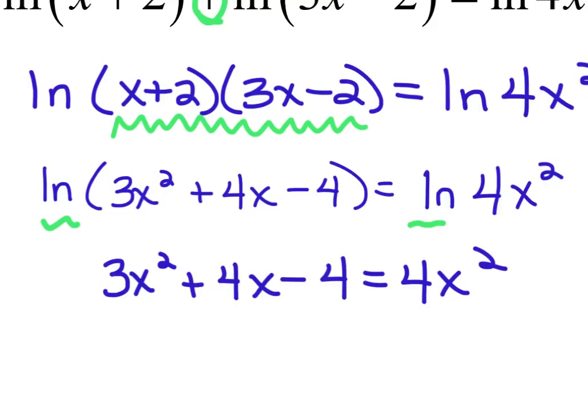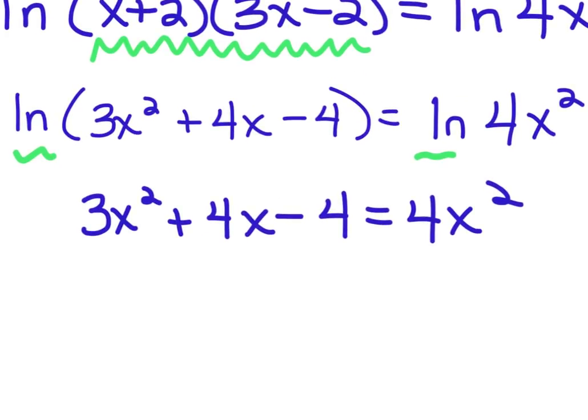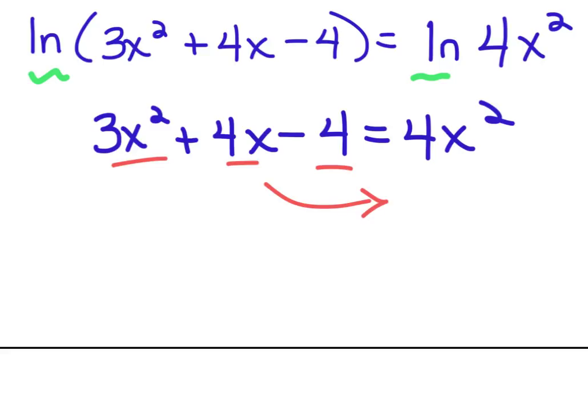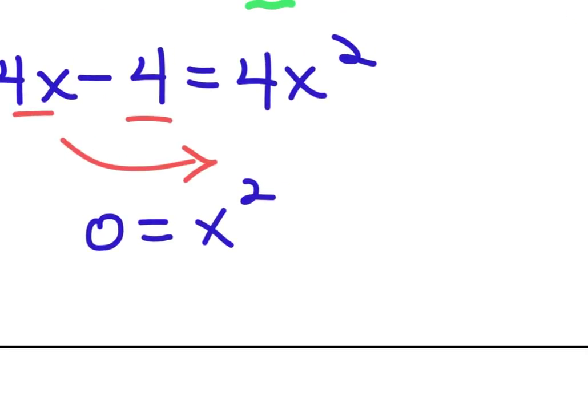It's a quadratic equation, and thus you want to get one of the sides equal to 0. And although it looks like it takes more steps, I would take all three of these terms and move them over to the other side so that the 0 is on the left. So that I end up with 0 equals, because 4x squared minus 3x squared is positive 1x squared, that gives me that positive leading coefficient.